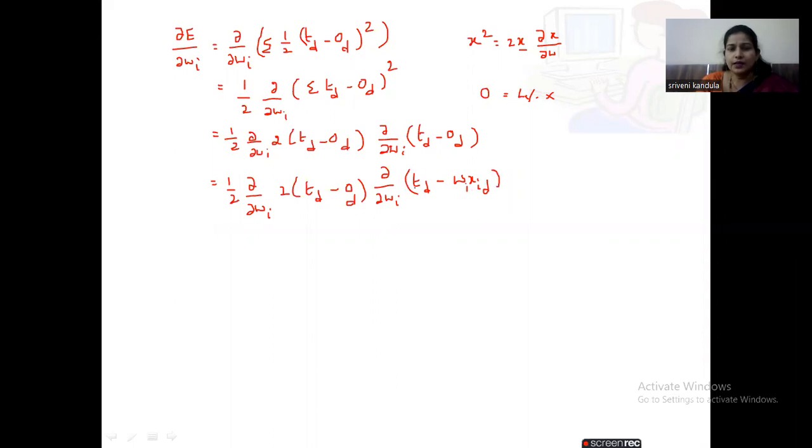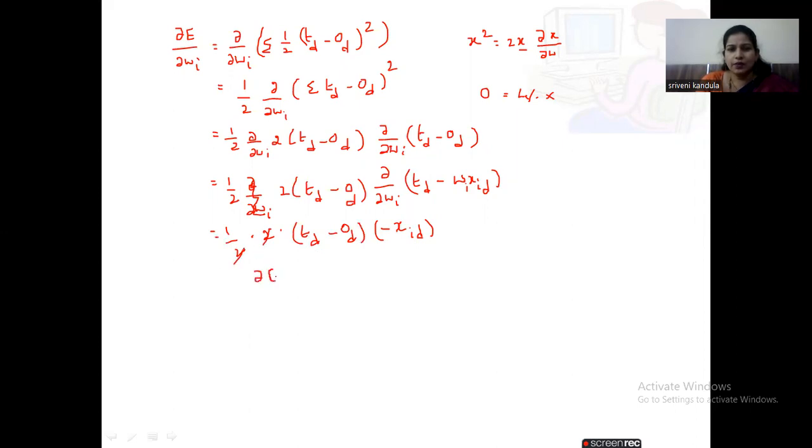Now Td is a constant value. Since we are performing the derivative with respect to W, there is no W term there, so that value becomes 0. We apply the derivative only on the Wi term, so Wi becomes 1, and finally we obtain minus Xid. The rest of the value is as it is: half into 2 multiplied with (Td minus Od) multiplied with minus Xid. The 2 and 2 get cancelled.